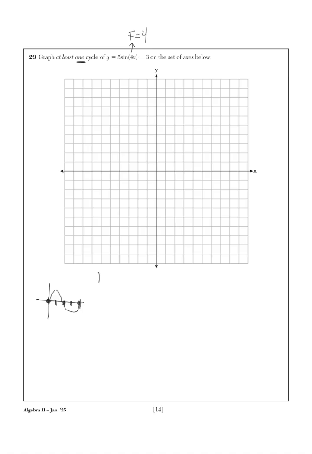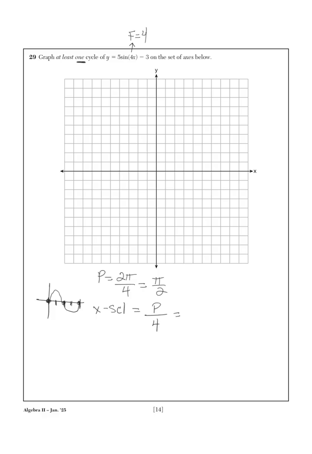So the period is equal to 2 pi over the frequency, right? And that frequency is 4. So if I reduce that, the period is pi over 2. To find what goes along your x-axis, that's called your x scale. For the x scale, all you do is you take your period and you divide it by 4.